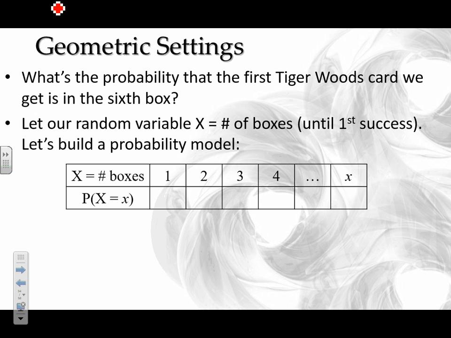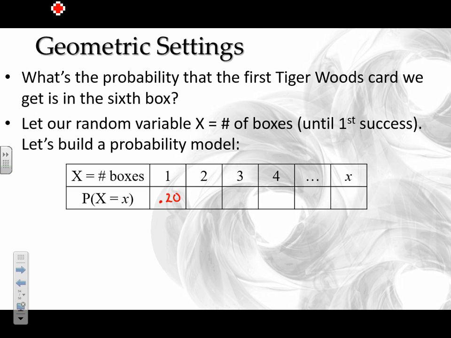So in our probability distribution down here, what they're asking us to do is figure out what's the probability that the very first box I open has a Tiger card. 20%. If I'm going to succeed on the very first one, that means I have a 20% chance because that's how many boxes have a Tiger Woods card in it. Okay? So the probability that I get Tiger on the very first box I open, 20%.